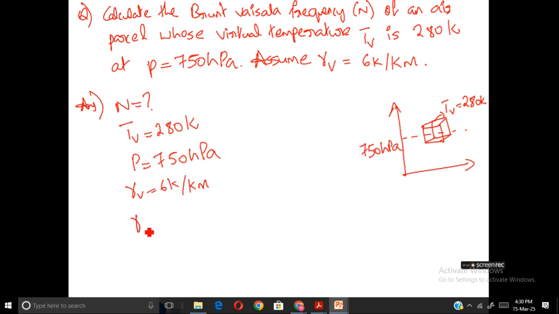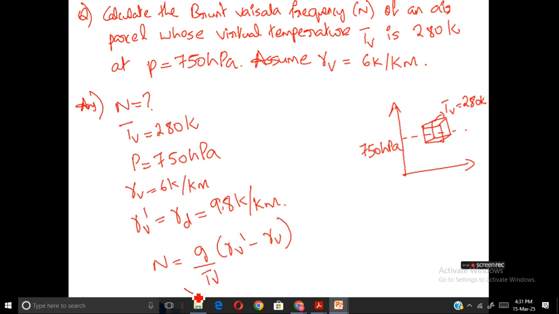We know the rate at which a parcel will reduce its temperature. So gamma v dash, or moist adiabatic lapse rate, is approximately equal to gamma d. So we can take the value of gamma d, which is 9.8 Kelvin per kilometer. So from this we know the equation of n is root of g by Tv into gamma v dash minus gamma v.